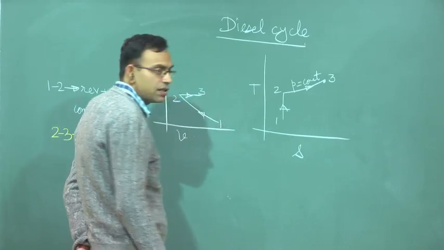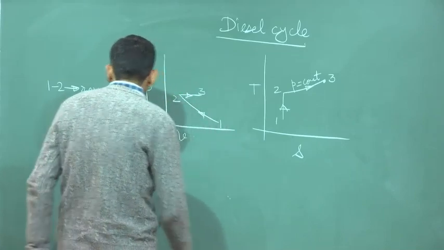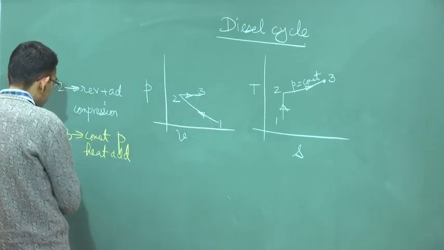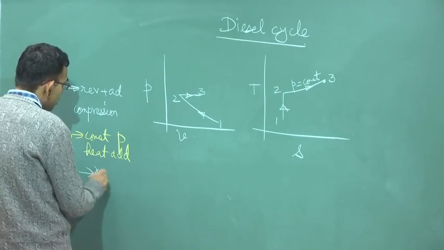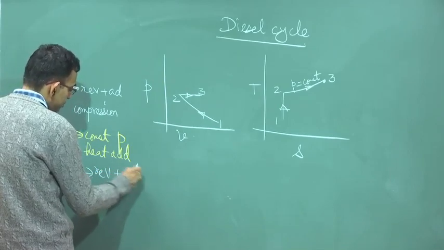After the constant pressure heat addition, there will be the expansion or the power stroke. So, 3 to 4 reversible adiabatic expansion.